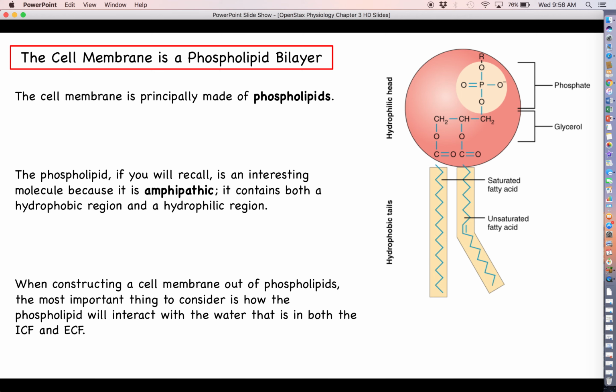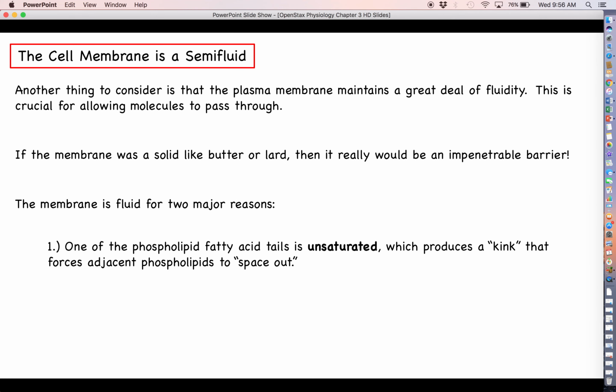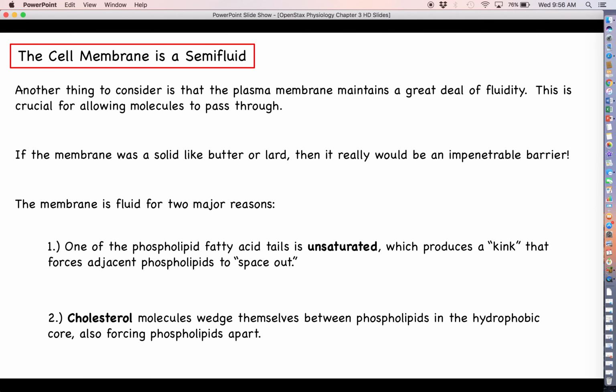It's kind of like swinging your arms out to the side. It's going to give you some extra elbow room. So because of that, the kink allows adjacent phospholipids to space out, meaning the density of the plasma membrane will be less, and it will be much more agreeable to being a fluid rather than a solid.